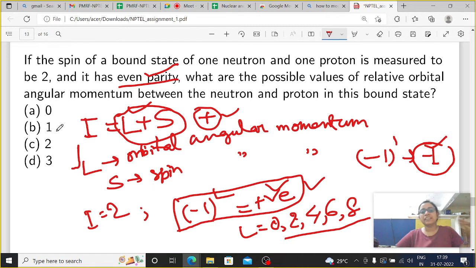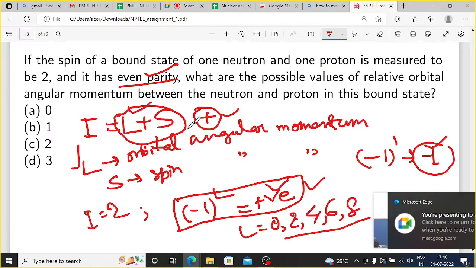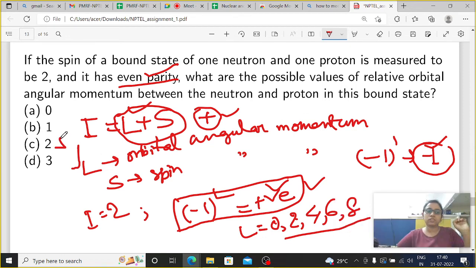So the right answer for the possible value of relative orbital angular momentum between the neutron and proton in this bound state is option number 3, which is 2.